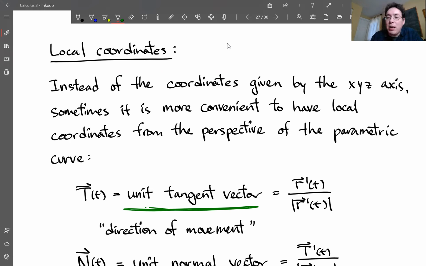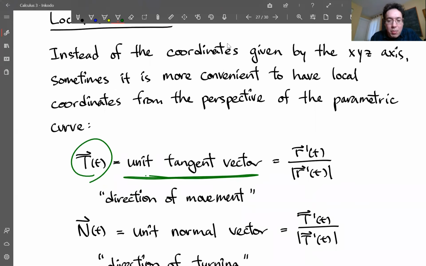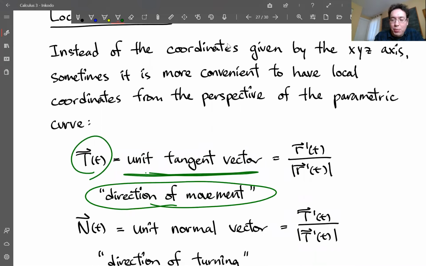You divide out by the speed, so you just have one unit vector pointing in the direction of travel. So we reserve the capital T vector for this type of direction. That's the first local coordinate vector, and it's best to think of it as a direction of movement.